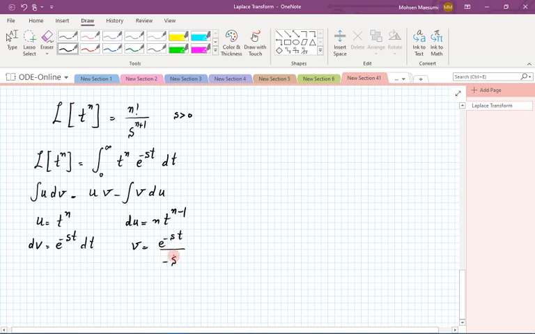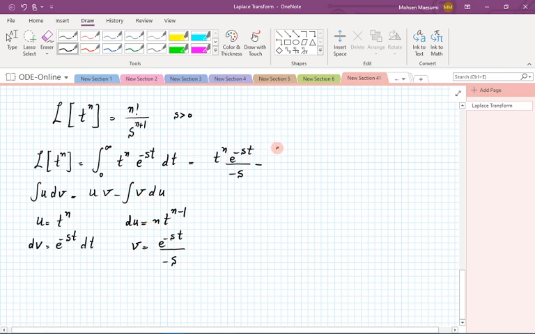So those are the ingredients we start with, and then we can carry this out. So u times v becomes t to the n exponential of minus st over minus s, minus the integral of v du, the product of these two.